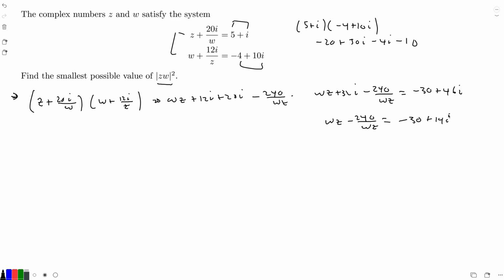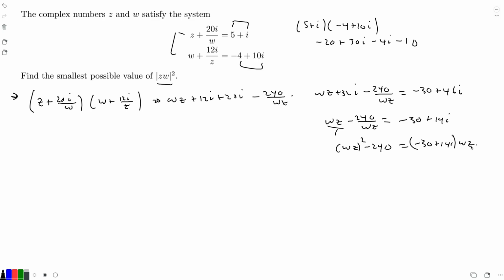Great, and then now what we can do is get a common denominator, and once we multiply through by wz, we can bring it to the other side and we'll have a quadratic. If that's too quick for you, we'll just do it in steps. So wz squared minus 240 is equal to negative 30 plus 14i times wz, right?